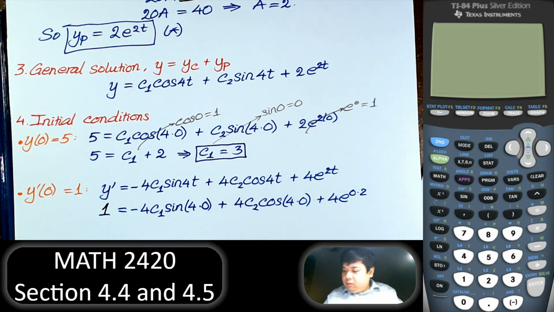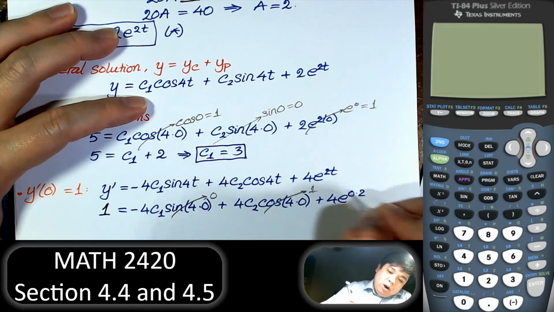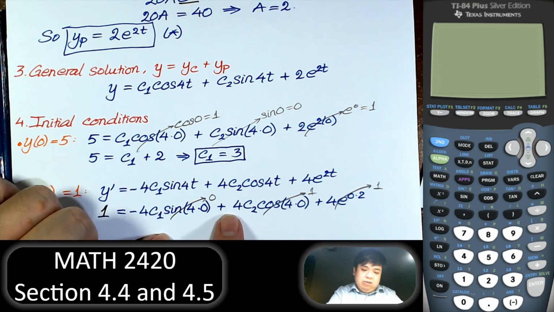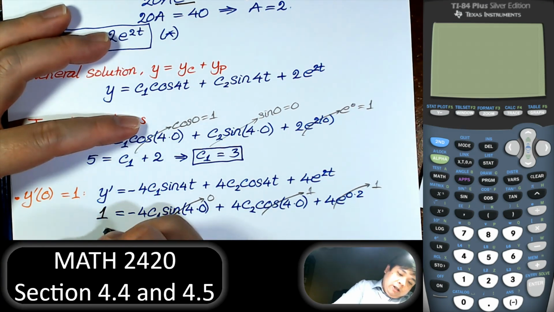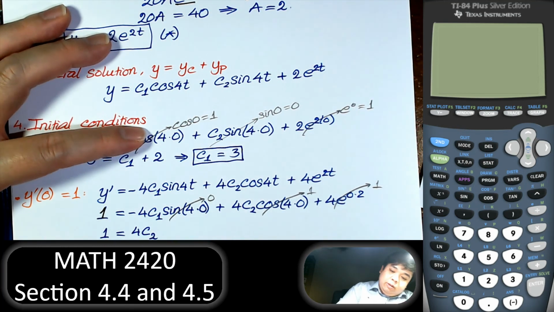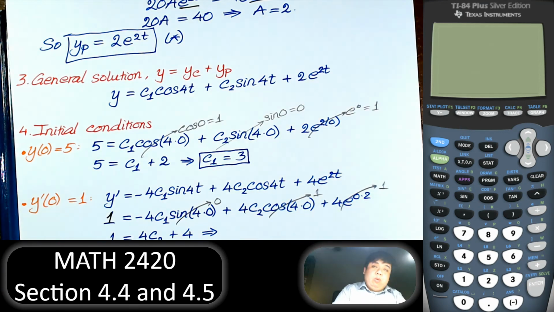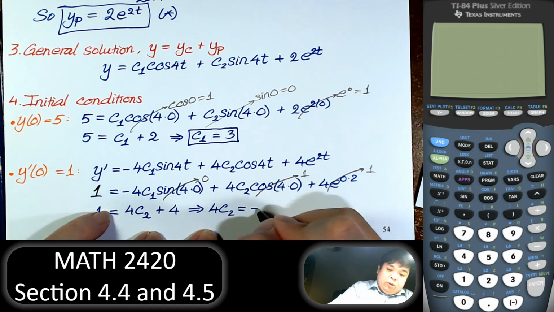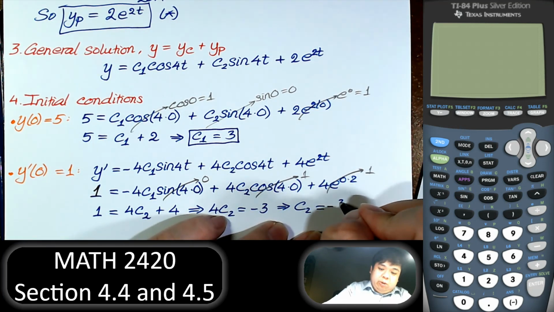Same thing, sine of 0 is equal to 0, cosine of 0 is equal to 1, e to the 0 is equal to 1. We still have the 4 in front, 4 C2. So simplify this, we have 1 equal to 4 C2 plus 4. Move the 4 over, we have 4 C2 equal to negative 3. So C2 is equal to negative 3 over 4.